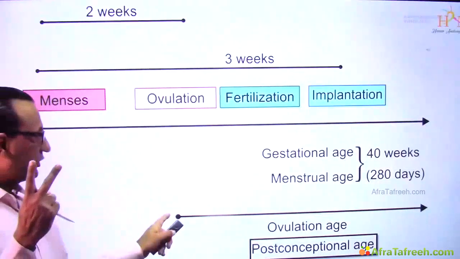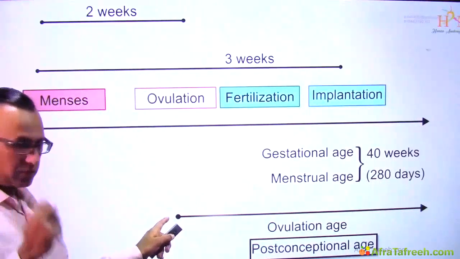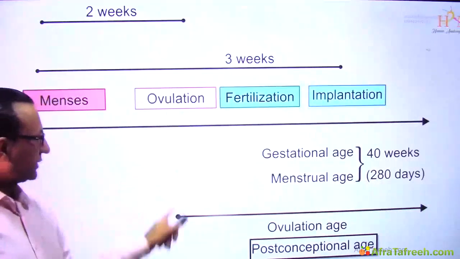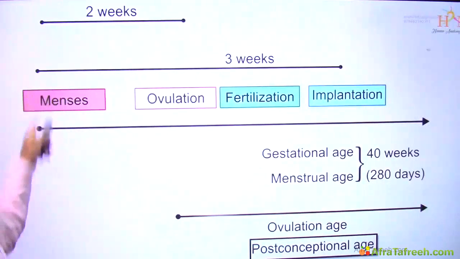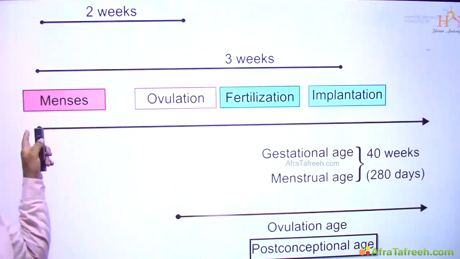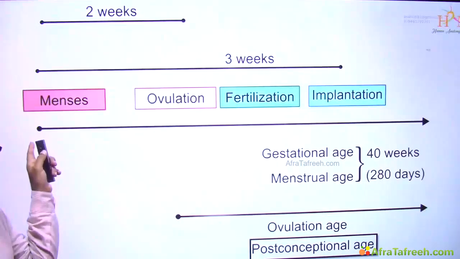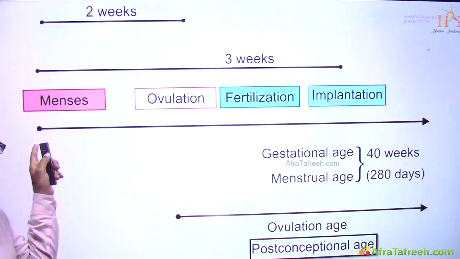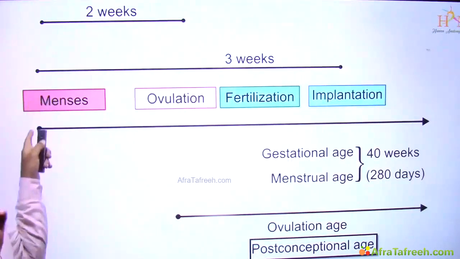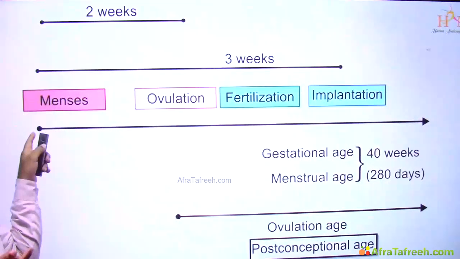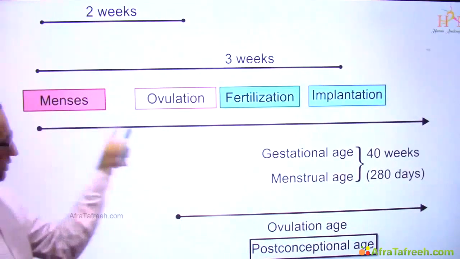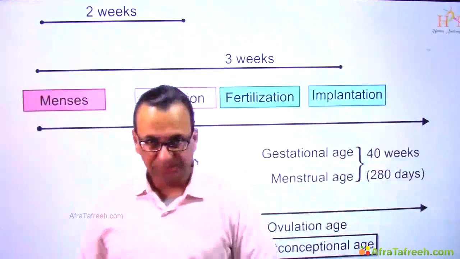The ovulation age or fertilization age is calculated from the mid-cycle, the day of ovulation, whereas the gestational age or the menstrual age is calculated from the first period of the cycle. The first day of the menstrual cycle, the last menstrual period, is taken for calculating the menstrual age.